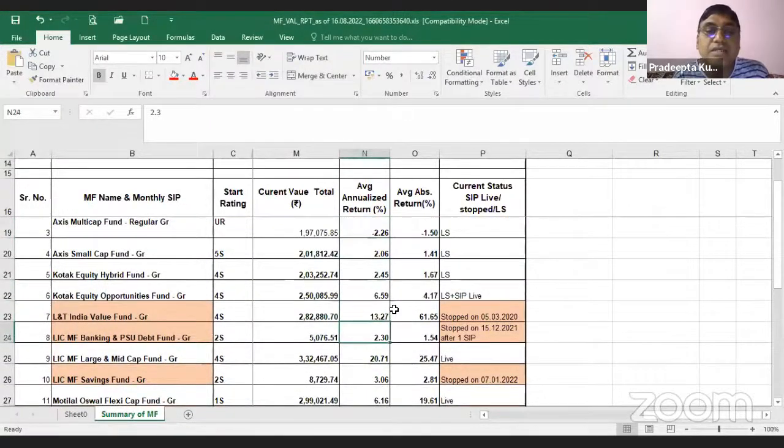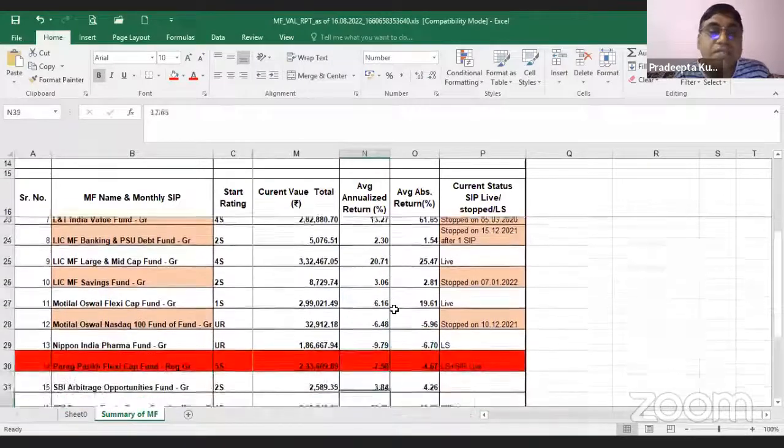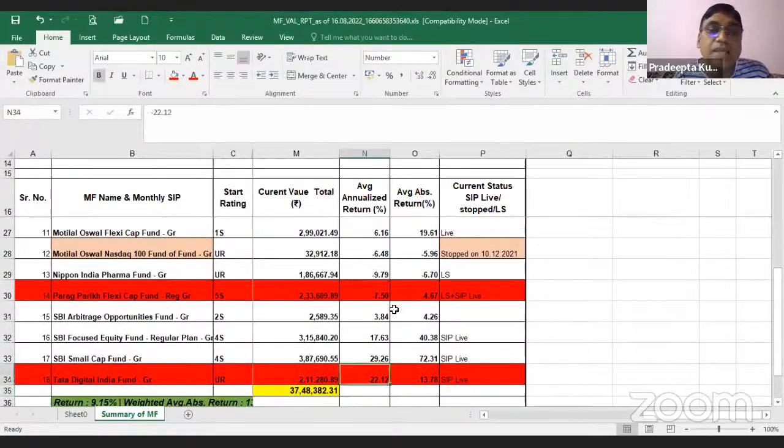Some SIPs are giving good returns, like SBI Small Cap, which is giving 29%, but this is small cap, and all are regular. There is no direct fund. The absolute return is 72%.